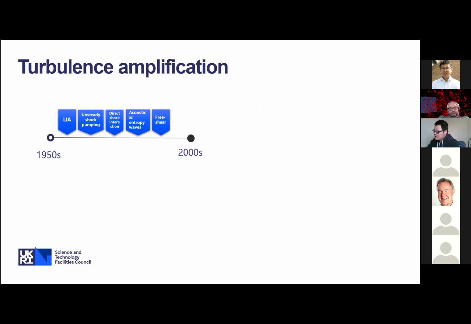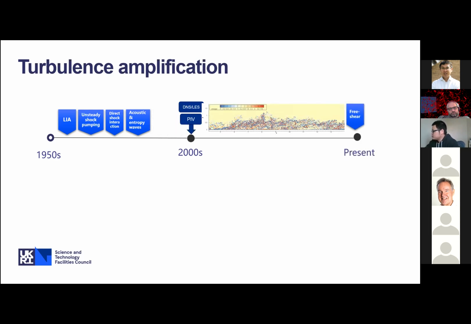Up to the early 21st century, there were a lot of theories to explain this: linear interaction theory, unsteady shock pumping, direct shock interaction, acoustic wave, entropy wave, and free shear layer. But with PIV and LES being involved in this study, people realized that the free shear layer generated after the interaction is the main reason for the amplification of turbulence.